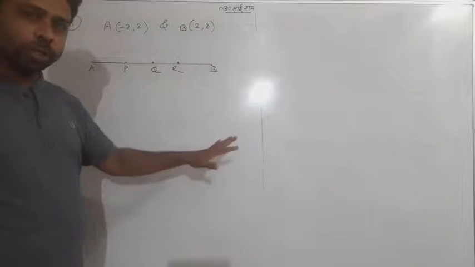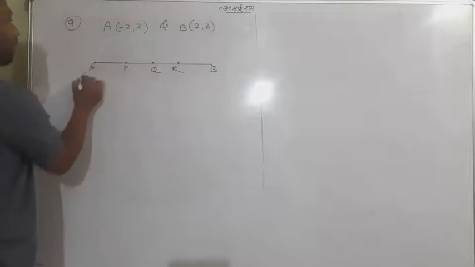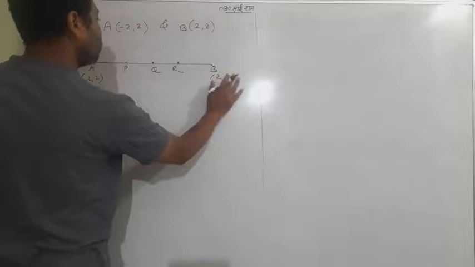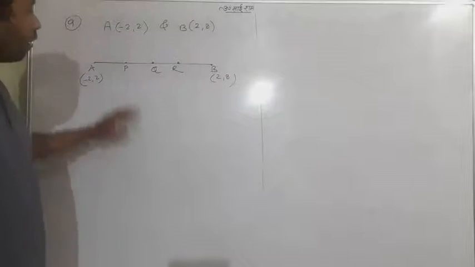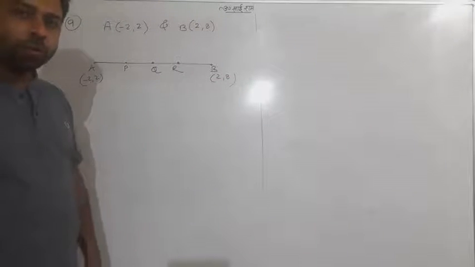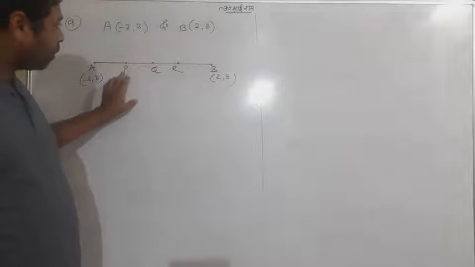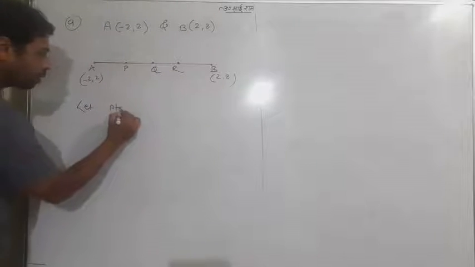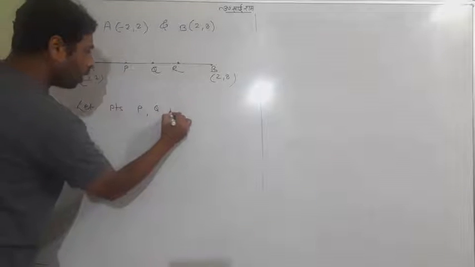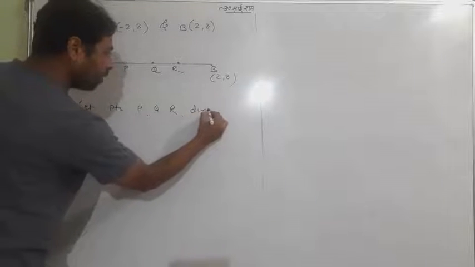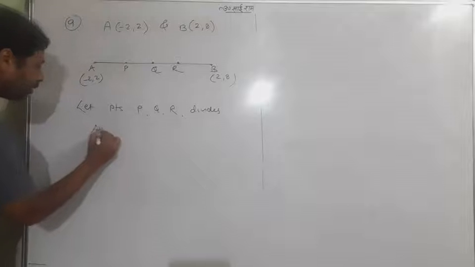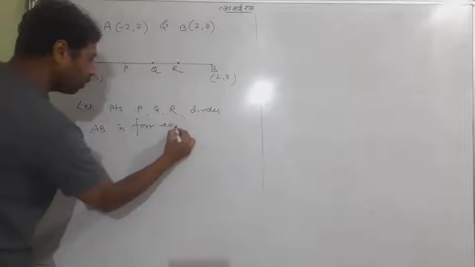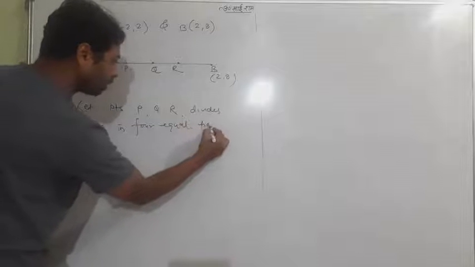It seems very easy. Look at it, I'll tell you how we can do it. A is (-2, 2), B is (2, 8). Now if you look, forget P and R. Let me write: let points P, Q, R divide AB into 4 equal parts.